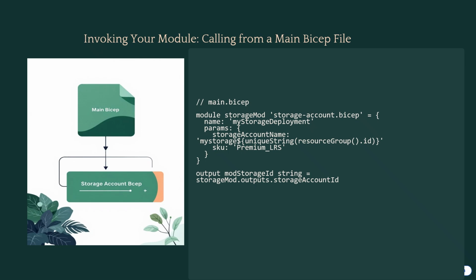Notice how we can easily reference the module output, such as storageAccountModule.outputs.storageAccountId. This capability is fundamental for chaining resource dependencies and building complex interconnected infrastructure.